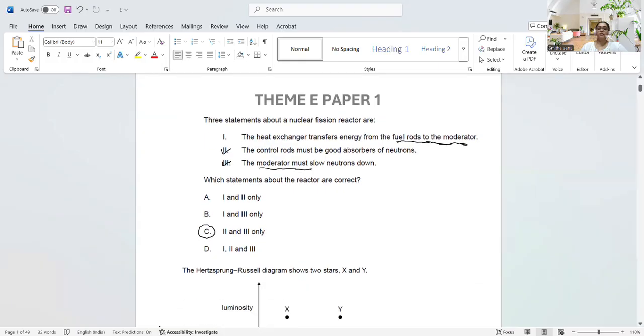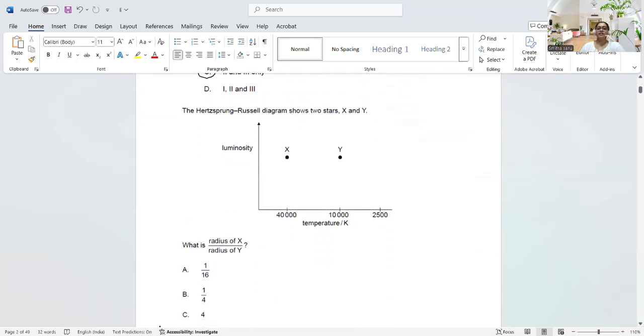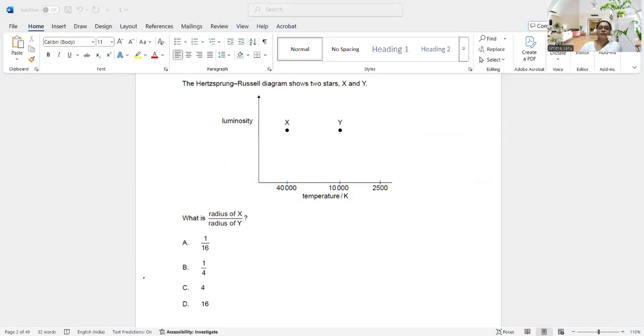Now the Hertzsprung-Russell diagram, as you can see for the two stars, X and Y, is clearly showing that the luminosity is the same. So what you can infer from this graph is the luminosity of X and Y is the same. You can see clearly.